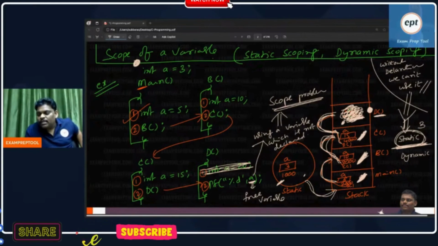My teacher asked, print A, what will it print? She was simply printing one variable which is not declared inside the function. Because there is no local, what will it print? I still remember my teacher said that if no local, go to global.